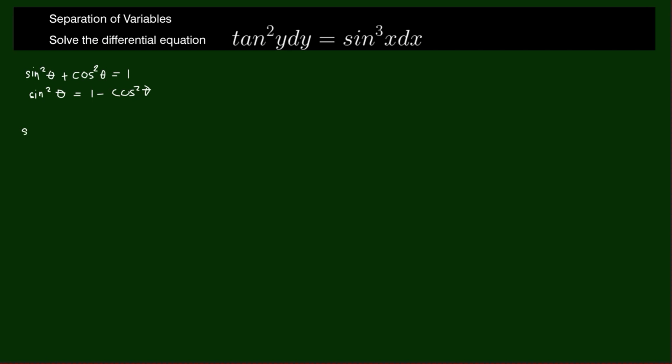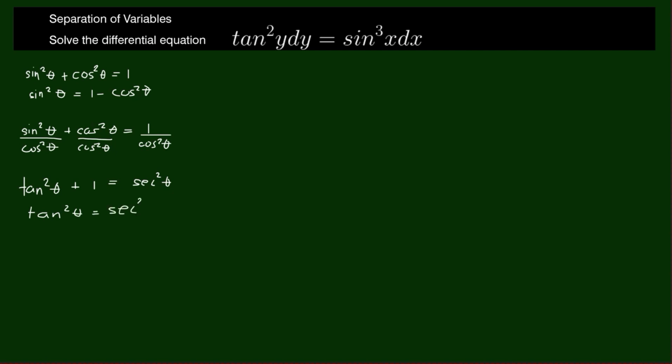And also from this identity, if we divide the whole equation by cosine squared theta, this is equal to tangent squared theta plus 1 equals secant squared of theta, and that will give us tangent squared theta equals secant squared theta minus 1.